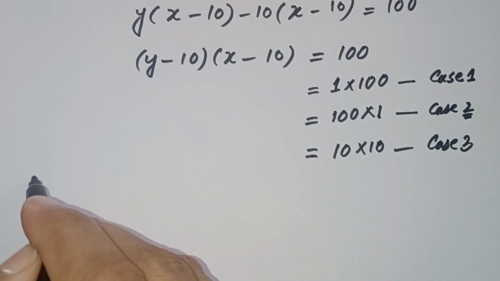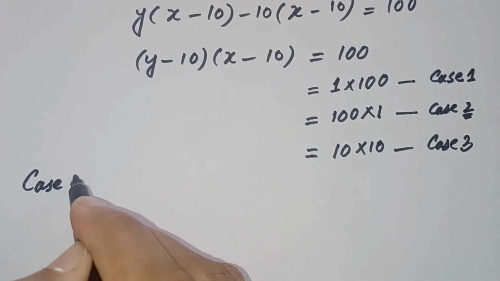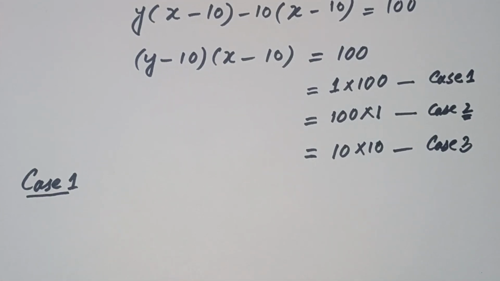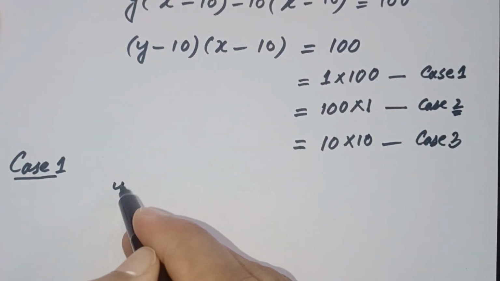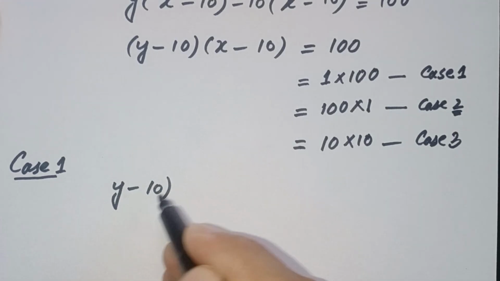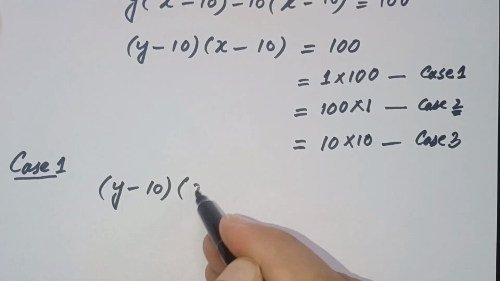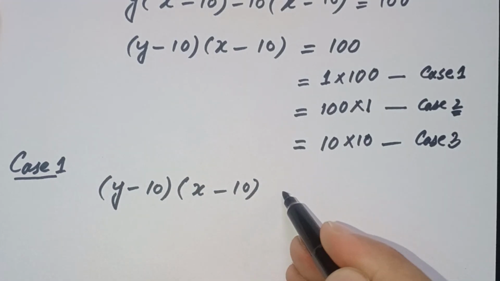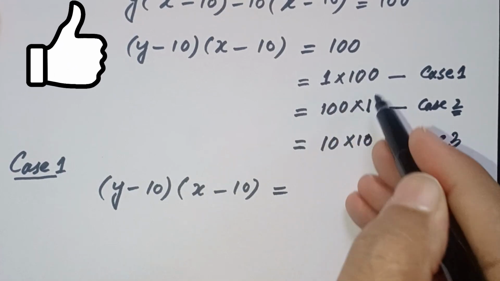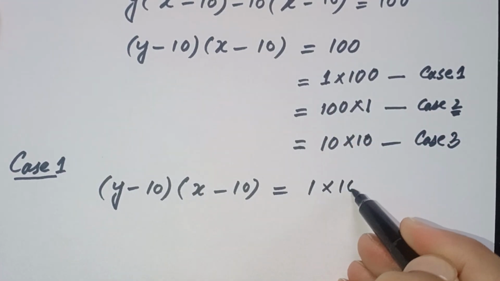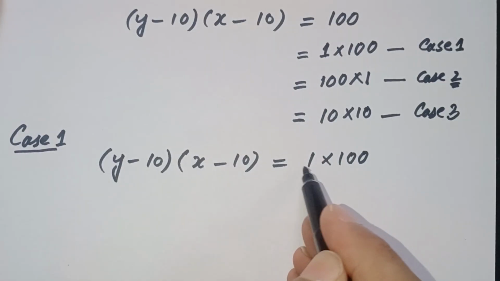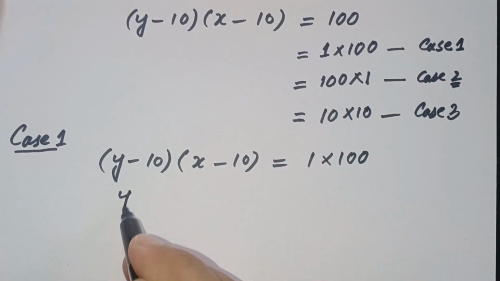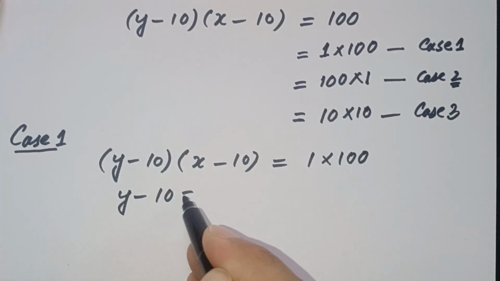Let's begin with case 1. So we will write here this expression, y minus 10 times x minus 10, and the first case is 1 multiplied by 100. From here we have y minus 10 equal to 1 and x minus 10 equal to 100.